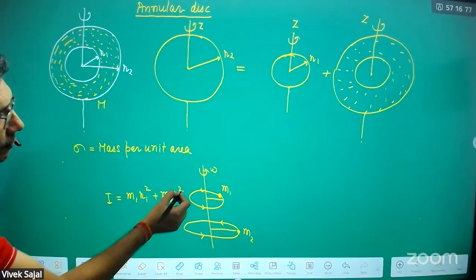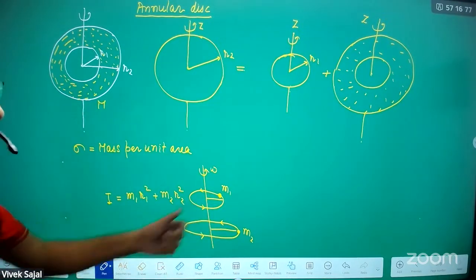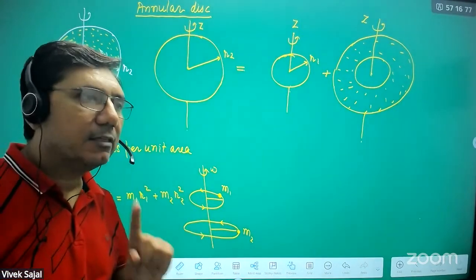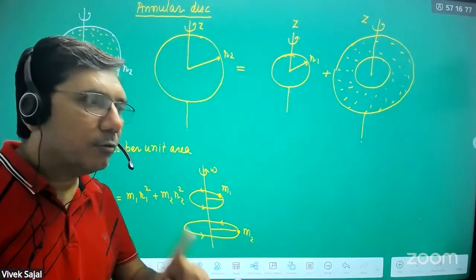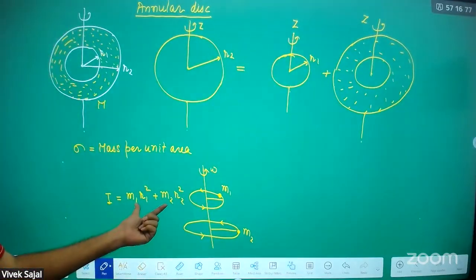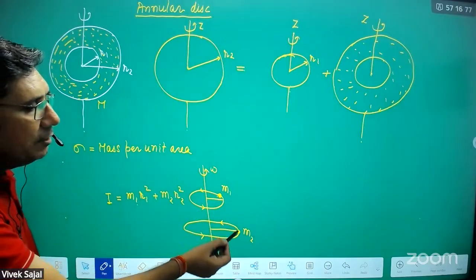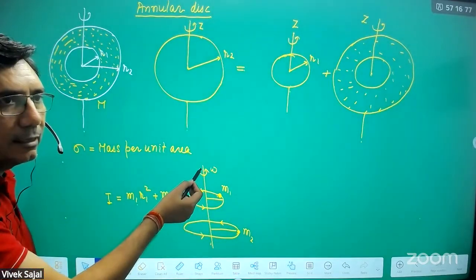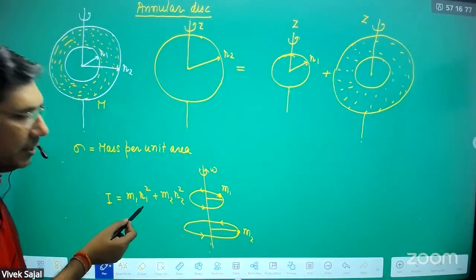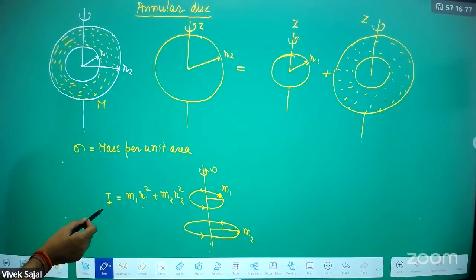So what you are learning from here, if you are having two objects and both are rotating with the same angular frequency about the same axis, then sum of these two, moment of inertia of these individual particles about this axis, sum of these two will be the moment of inertia of the system.